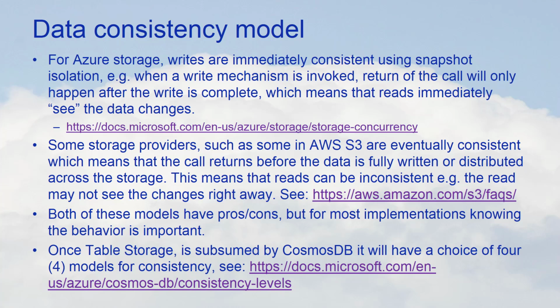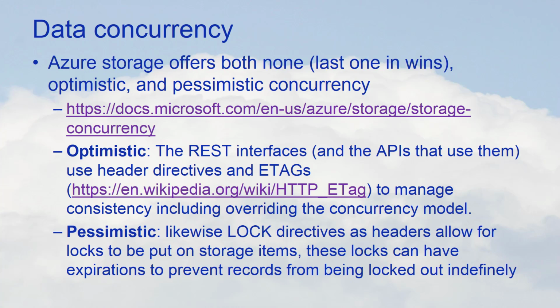One other note is that once table storage is subsumed into Cosmos DB, table storage will have all 4 of the Cosmos DB consistency models. We're going to cover Cosmos DB in a future session, but you can read about consistency levels in Cosmos DB following the link.